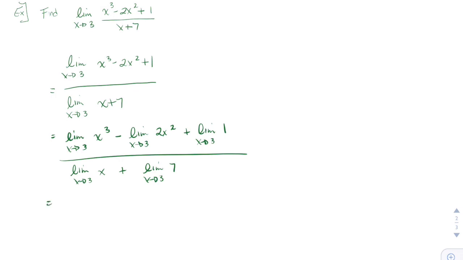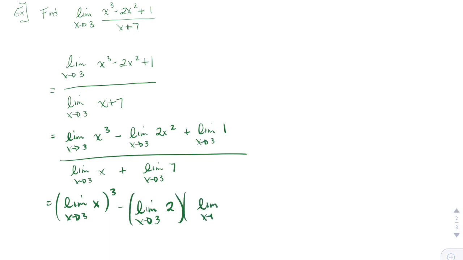So this is going to be the limit as x goes to 3 of x, and we can actually take the power and put it on the outside like this, minus the limit as x goes to 3 of 2, I'm going to use the product rule here, times the limit as x goes to 3 of x squared, but remember I have a power rule, so I could erase this parentheses and actually take out the power like this.